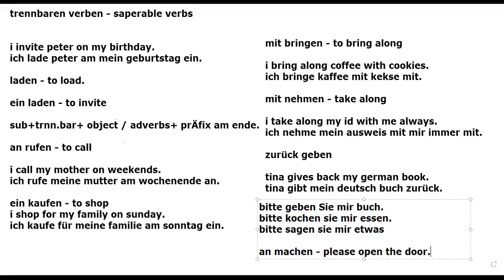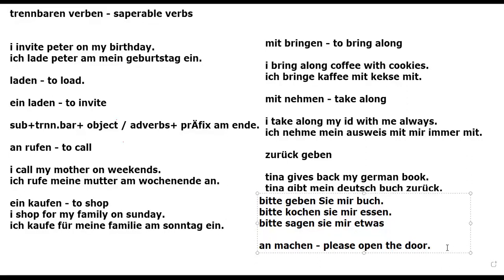Or we simply make, I open the door, ich mache die Tür an. Okay, we make that sentence. But if you want to request somebody, how will you frame the sentence? Ashwin, try karo. Please open the door. How we can say this in Trennbaren?